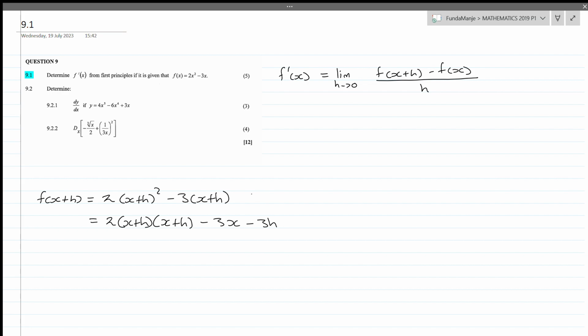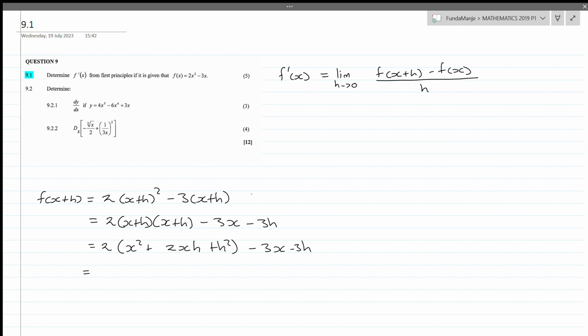And then on this one we would have 2, and then we would first solve for these two brackets, which would give us x squared plus xh plus xh plus h squared. And then we can obviously combine xh and xh to give us plus 2xh. And then we still have outside minus 3x minus 3h.